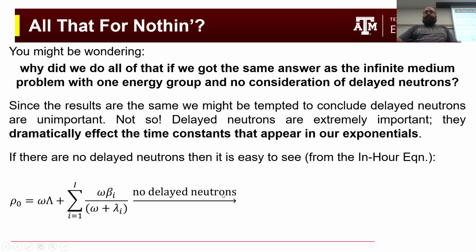So this is an example I wanted us to take a look at. This is my n-hour equation, but if there are no delayed neutrons, then my beta i values are 0, so this entire term just goes away. That means my reactivity insertion just looks like omega times big lambda.